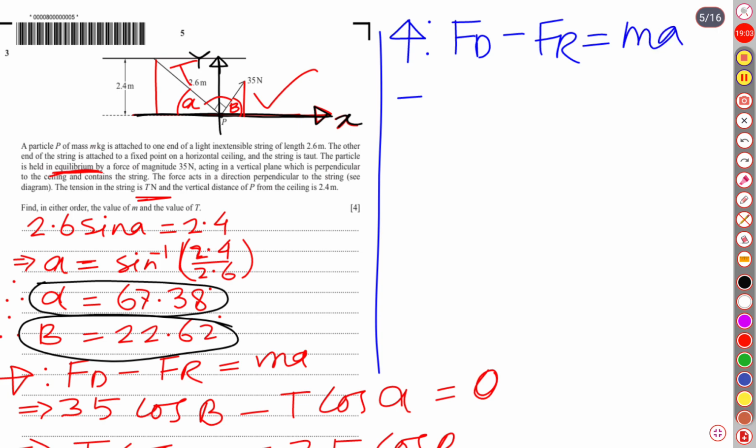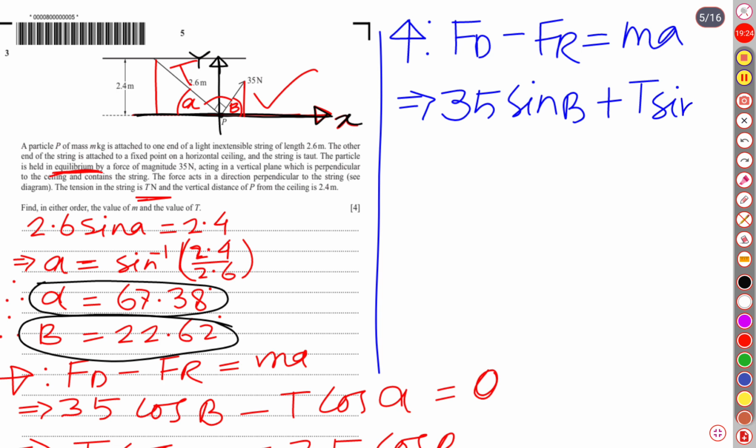So driving force, for the first triangle, is 35 sine beta, plus the second one is also above the horizontal axis, so that is also positive, T sine alpha.